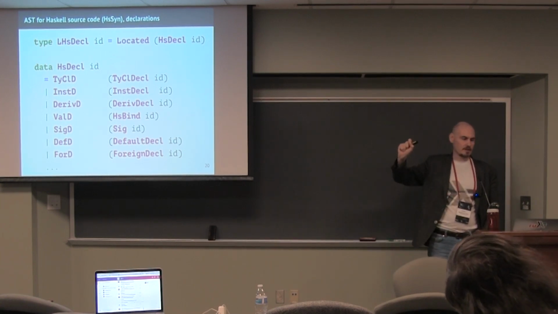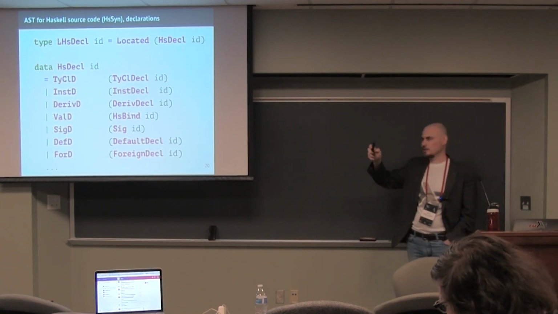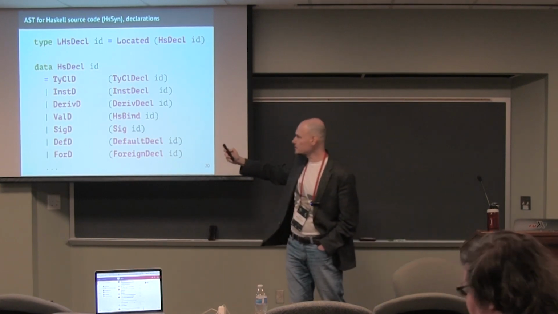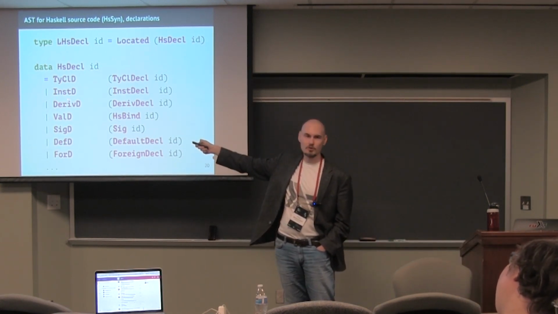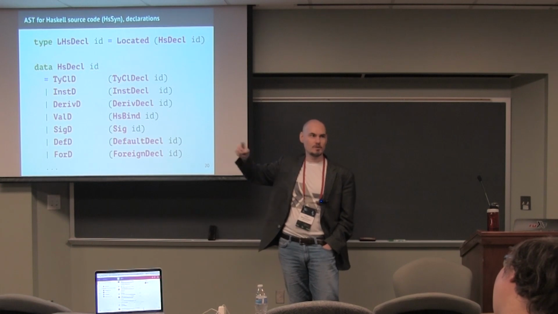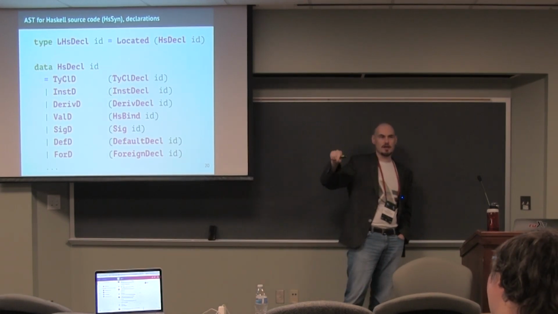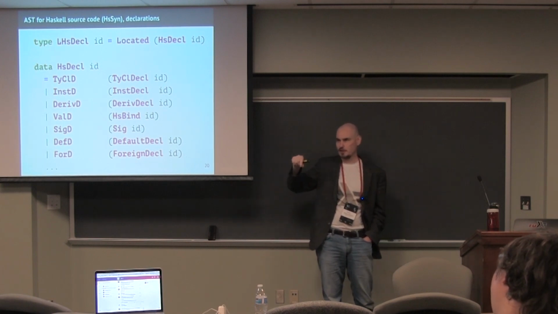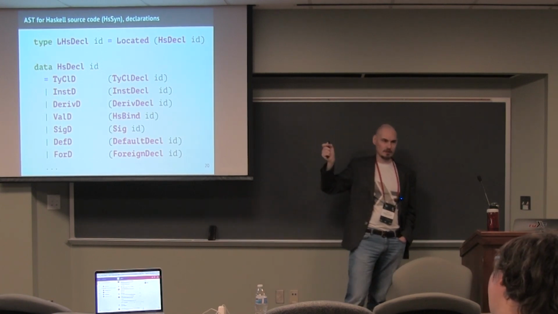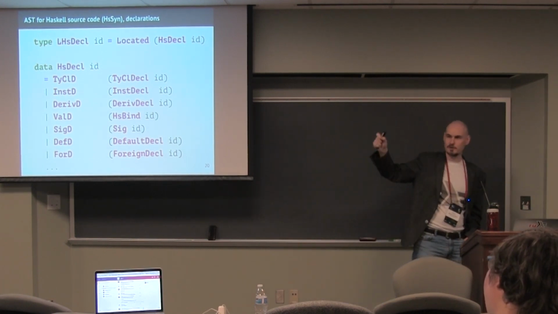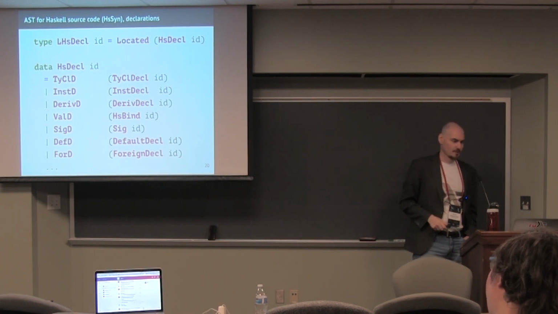So type class declaration, then instance declaration, then derivation. This is standalone derivation. You know that when you declare data types, you can write deriving, and that's part of the data type declaration actually. So this one is standalone deriving, derive, and then something like that.